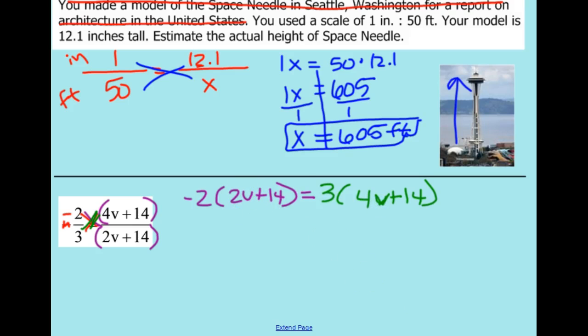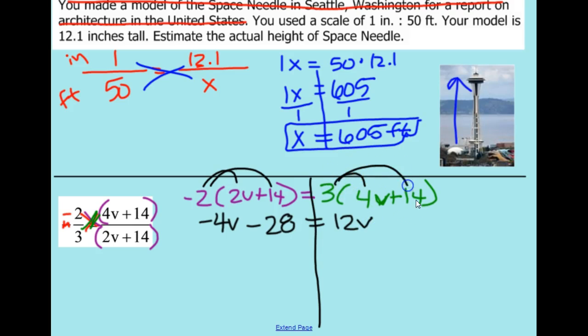Okay? So let's distribute. Negative 2 times 2 is negative 4v. Negative 2 times 14 is negative 28. Same thing over here. 3 times 4 is 12v. 3 times 14 give us 42. 30, 12, 42. Yep.